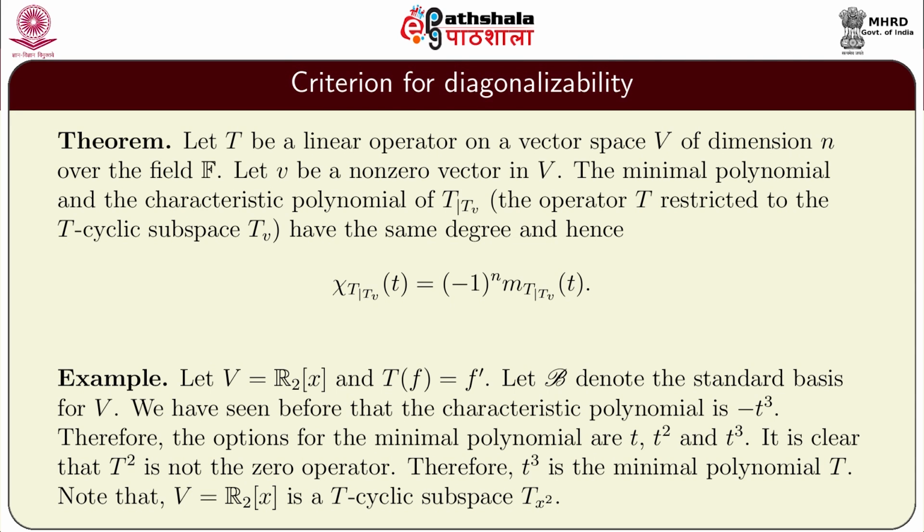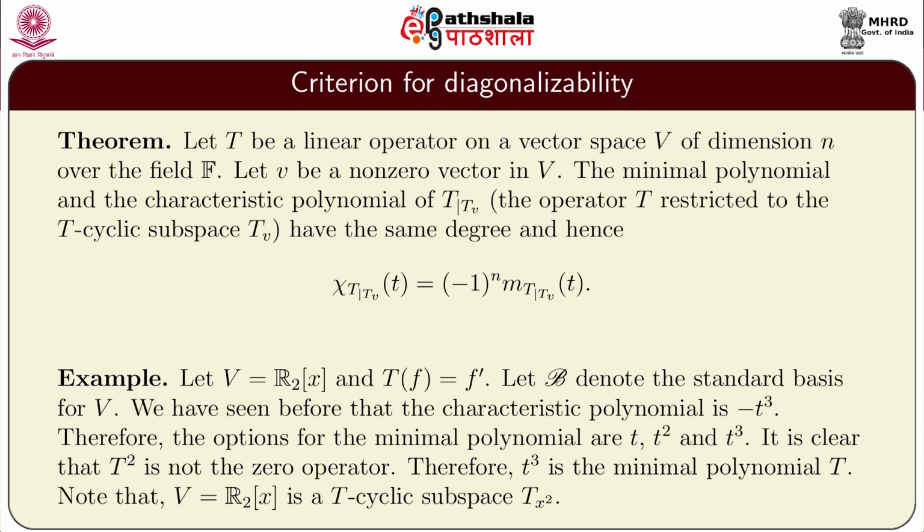Let us understand this theorem with the help of an example. Let V denote the vector space of all polynomials of degree at most 2 with real coefficients, and T the differential operator, that is T of f is equal to f dash. Let B denote the standard basis for V, that is 1, x, x square.